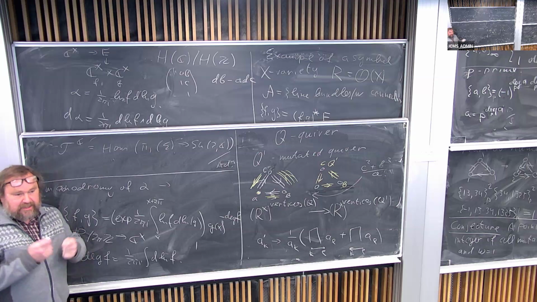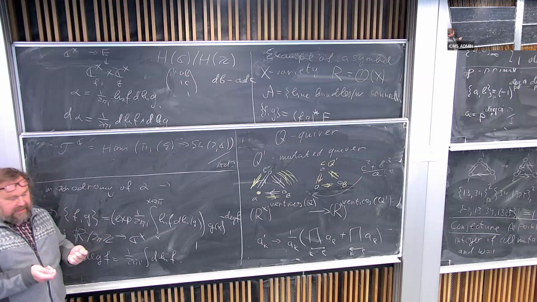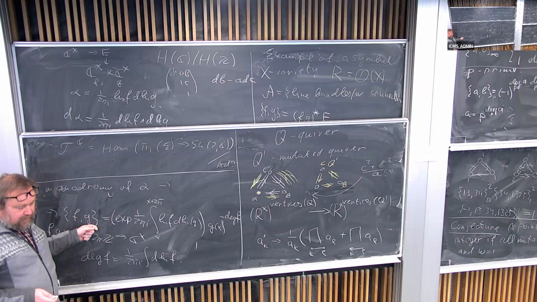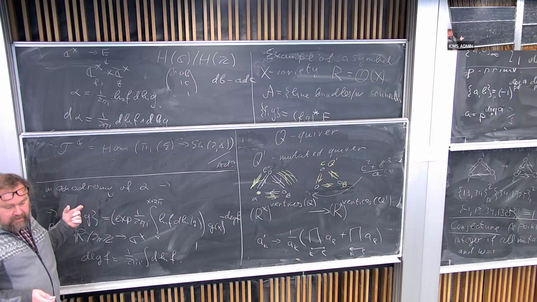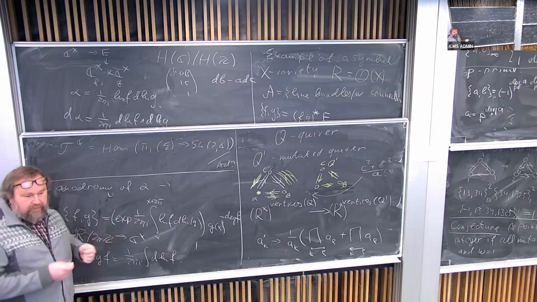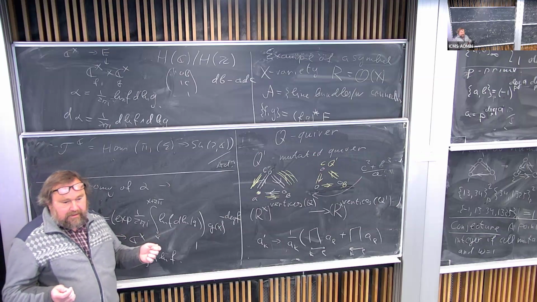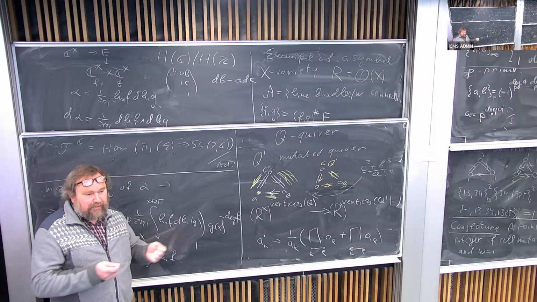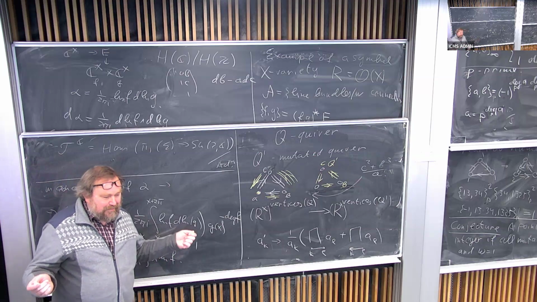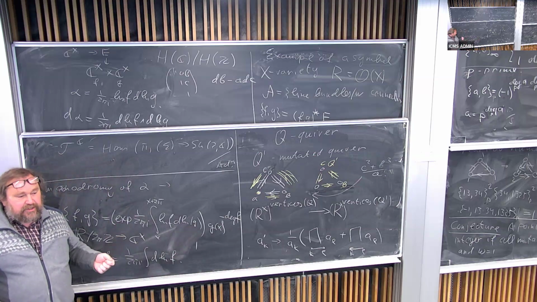This cocycle is nothing but the cocycle of the Heisenberg group. So you have the Heisenberg algebra, a trivial Lie algebra of degree 1, you have a central extension, and you have a group.